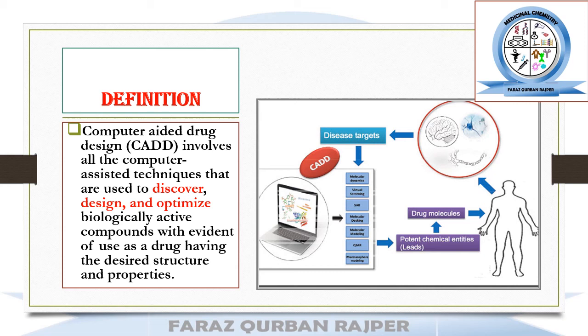We have already discussed in detail that these are the different applications of computer software with which we discover, design, and optimize different chemical compounds in order to make them effective in the treatment of different diseases.